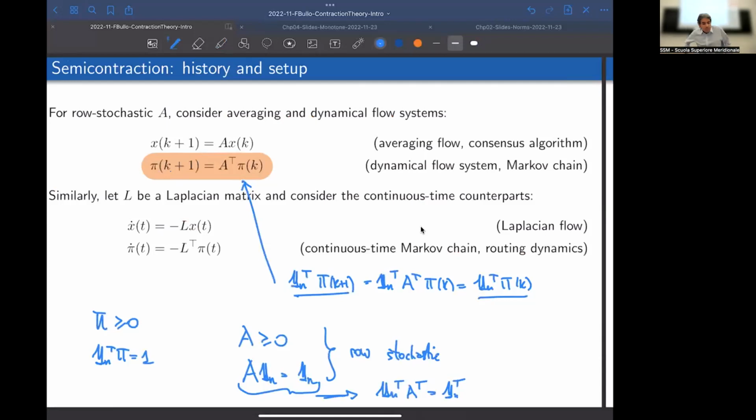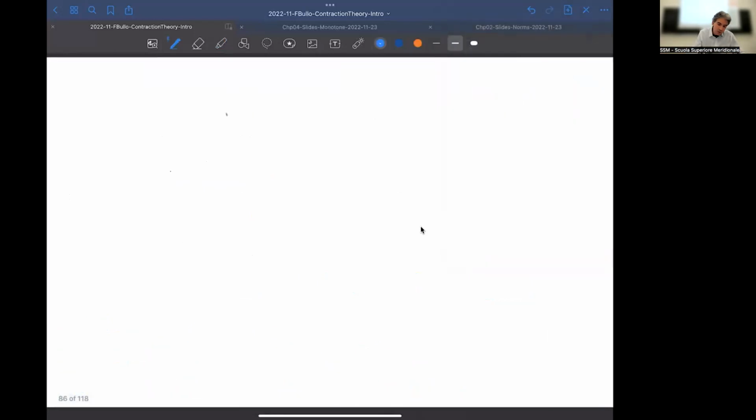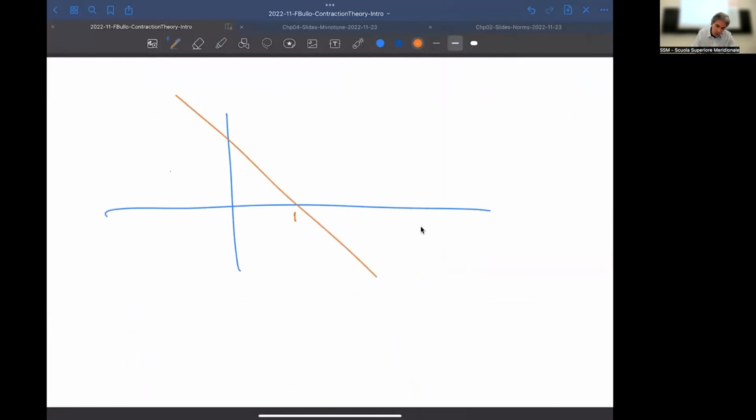Can I hope that from all values of pi in Rn, all values? No, because if I start with a mass that is equal to 2 or 1/2, I remain on those surfaces, right? So I cannot hope to have global convergence. In other words, if I consider Rn, and we said that we have a unit mass, this point is 1, 0. That point is 0, 1. Now if I have a vector pi such that 1n transpose pi is equal to 1, it lives on that set, on that line.